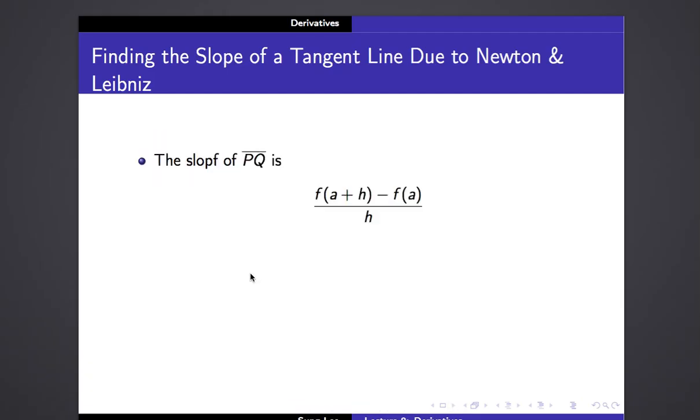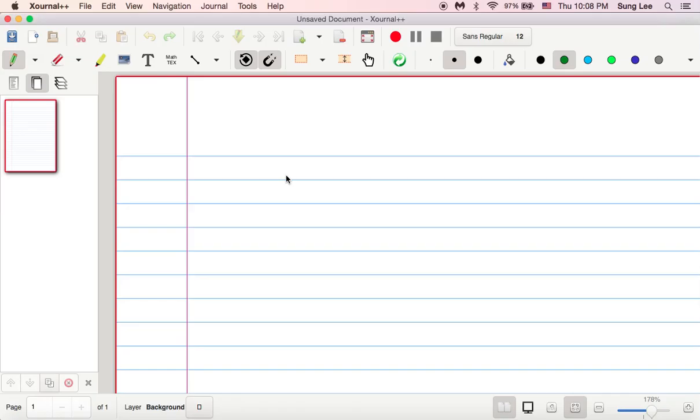Okay, so let me move to my notepad. Here, the point P is given by the coordinate (a, f of a), and Q is (a plus h, f of a plus h).